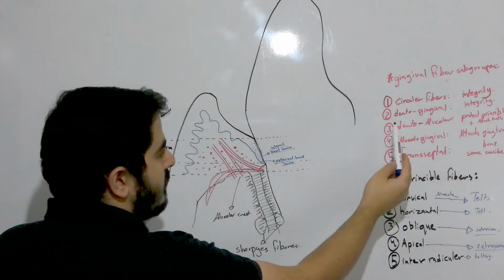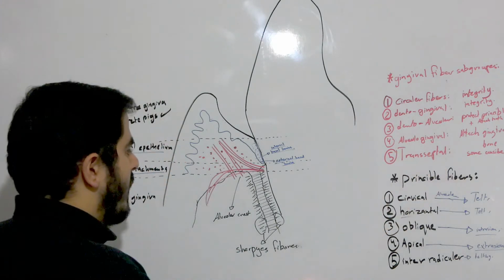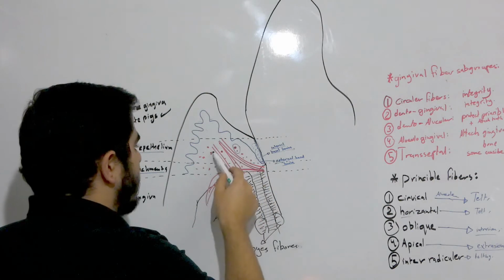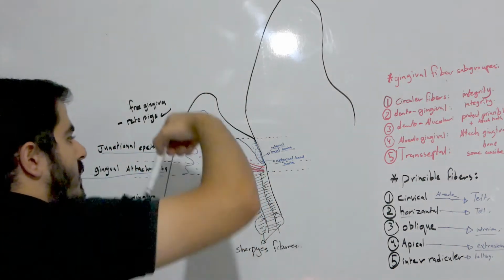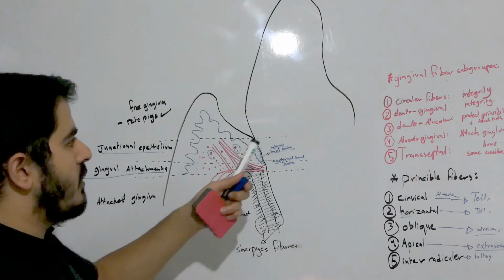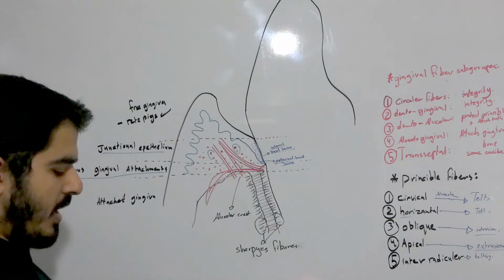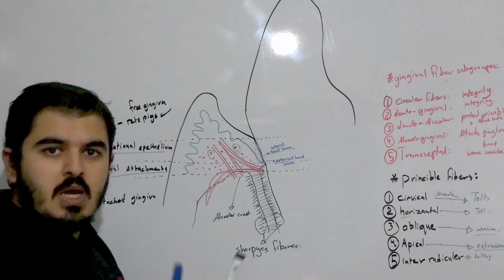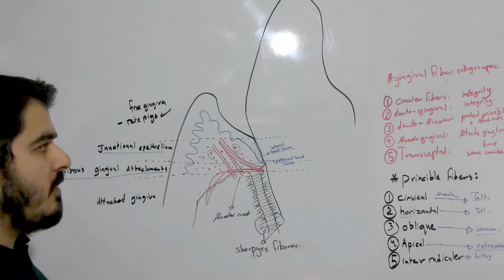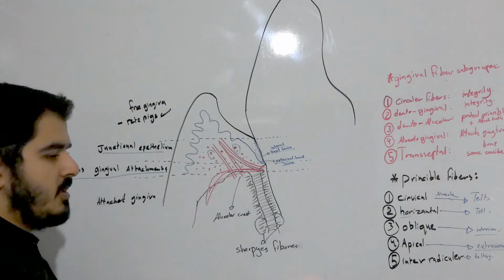These are called the dentogingival fibers. And we have fibers, I'm drawing here as dots because they go in circles around the tooth. These are called the circular fibers. The dentogingival fibers and circular fibers help to maintain the integrity of the gingiva.